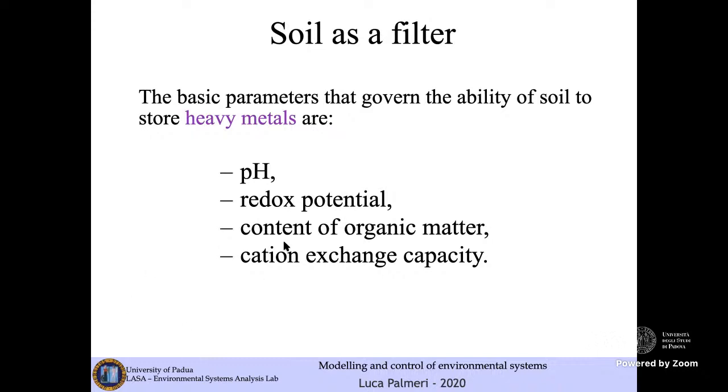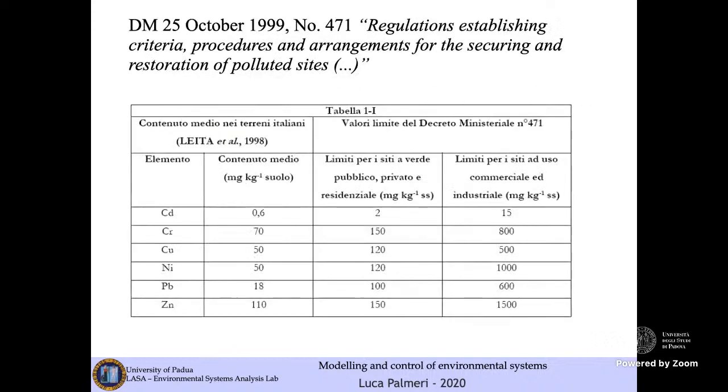In particular, the content of organic matter is a key characteristic of the soil, giving you guidance to understand how large is the capacity of a particular soil to act as a filter for heavy metals or other toxic substances behaving similarly to heavy metals.